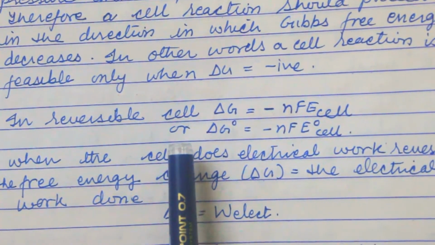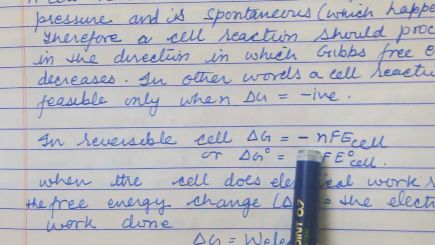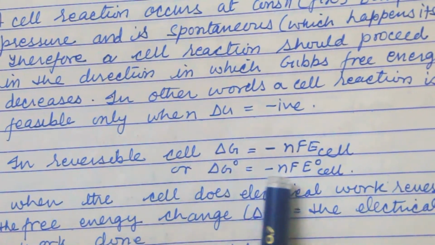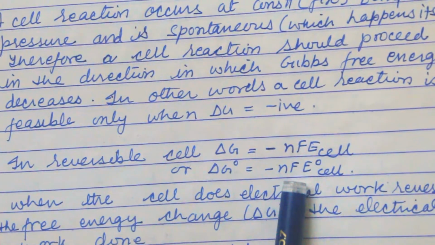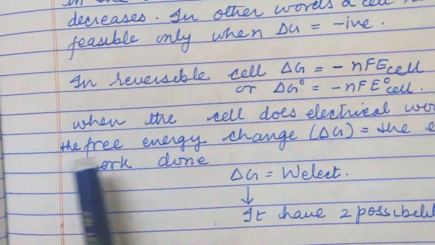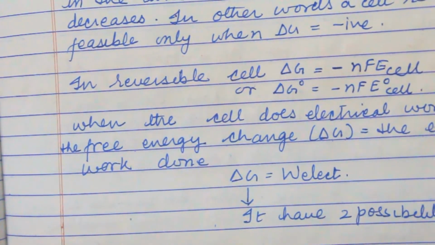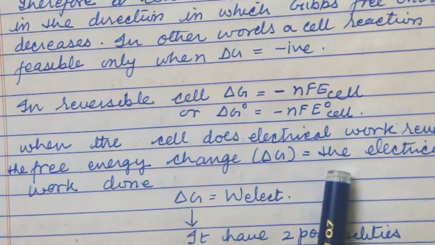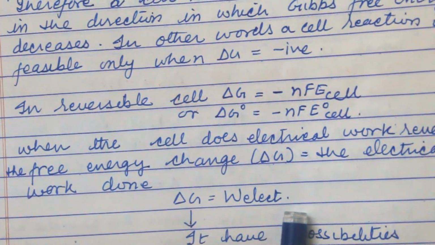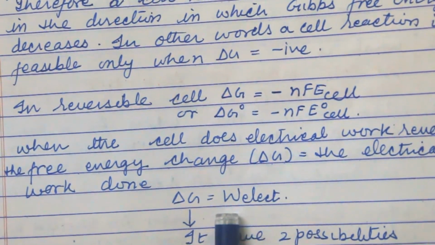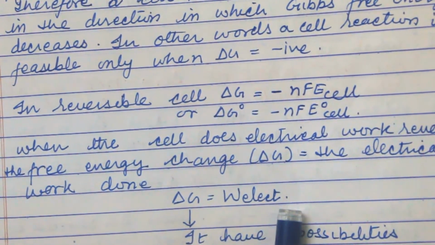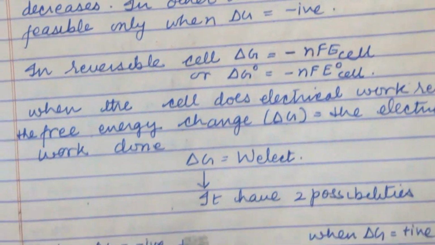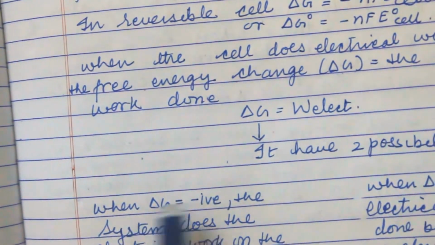For a reversible cell, we can say delta G is minus nFE cell, or standard delta G is minus nFE naught cell. When the cell does electrical work reversibly, the free energy change, delta G, is equal to the electrical work done, W. So delta G equals the electrical work done, which has two possibilities.